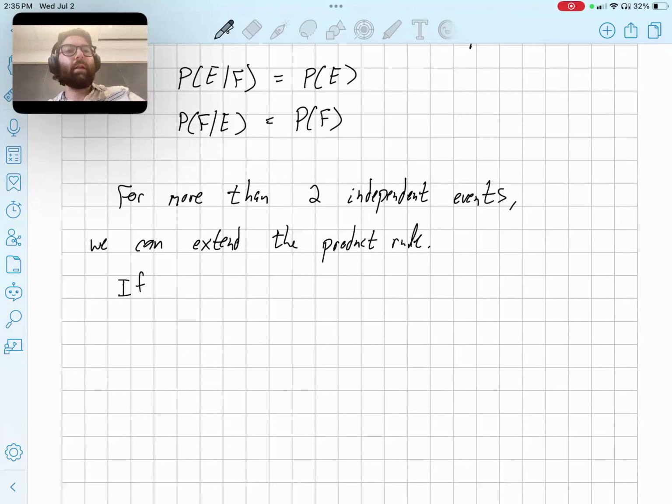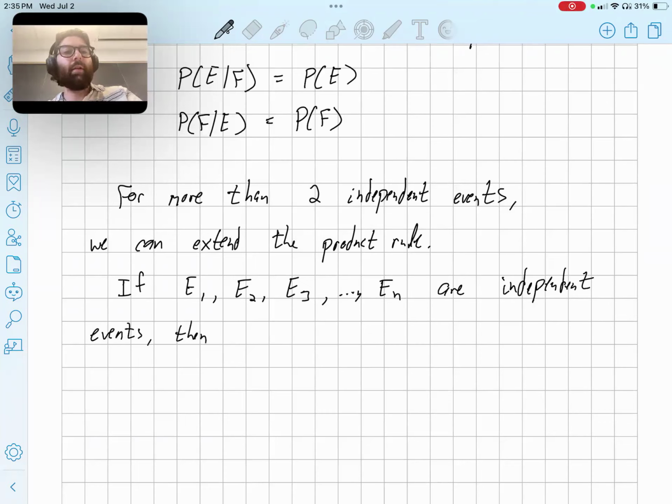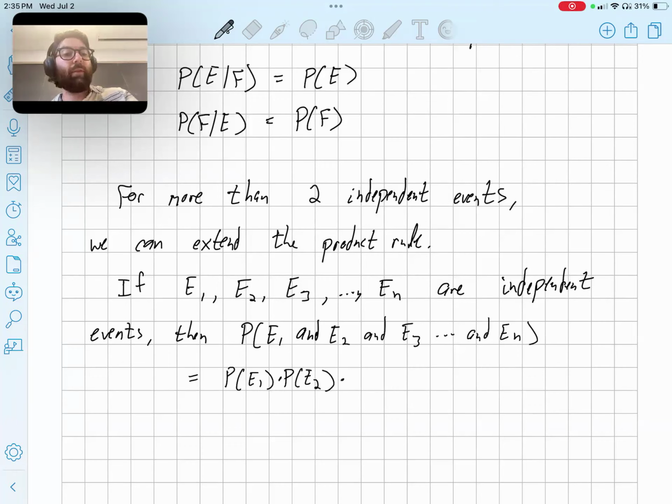And so if E1, E2, E3, and so on up to En are independent events, then the probability of E1 and E2 and E3 and up to En is equal to the product of all of these, P of E1 times P of E2 times all the way up to P of E sub n.